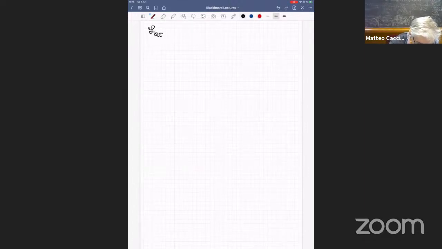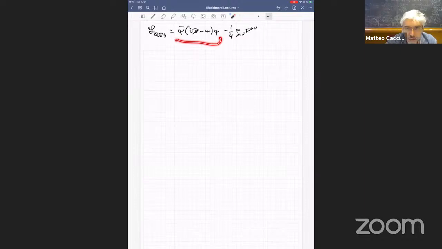So L_QED, this is something you probably know. You have the Dirac Lagrangian. Then you have the Maxwell Lagrangian essentially. So these are a freely propagating fermion, a freely propagating photon, and then you have the interaction term, which is minus e psi bar gamma^mu A_mu psi.